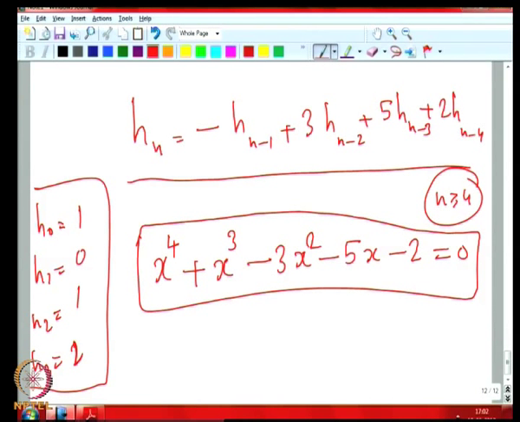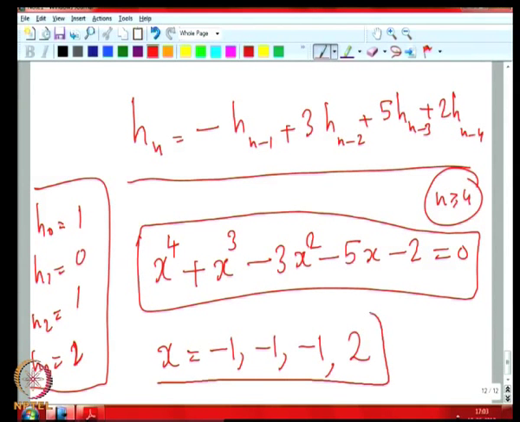If you solve it, the characteristic equation will have roots x equal to minus 1, minus 1, minus 1, minus 1 repeats 3 times, and 2.